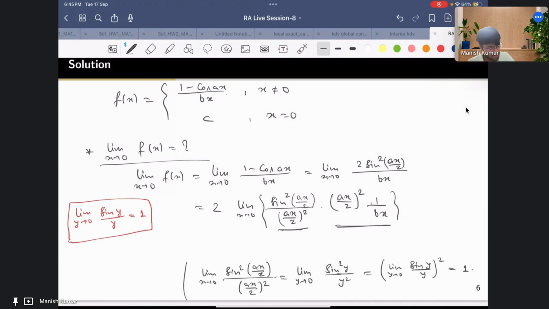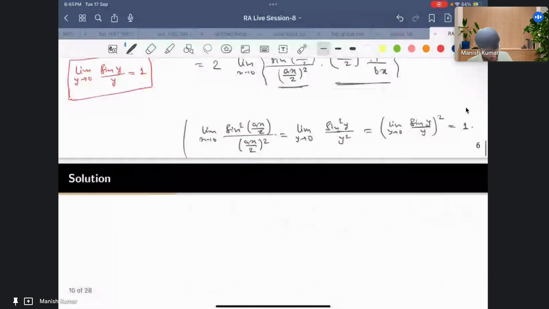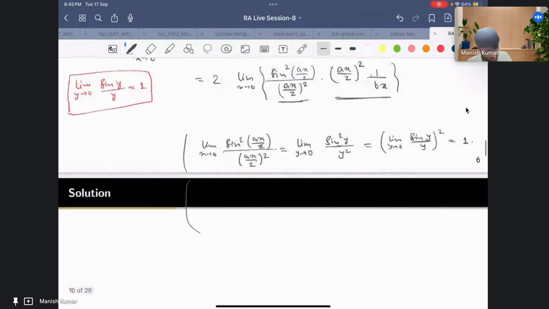The second thing I wanted to say, in continuation of this: limit x going to 0 of (ax by 2 whole square) times 1 by bx. If you see, this is nothing but limit x going to 0 of a square by 4b times x, so this is nothing but 0.